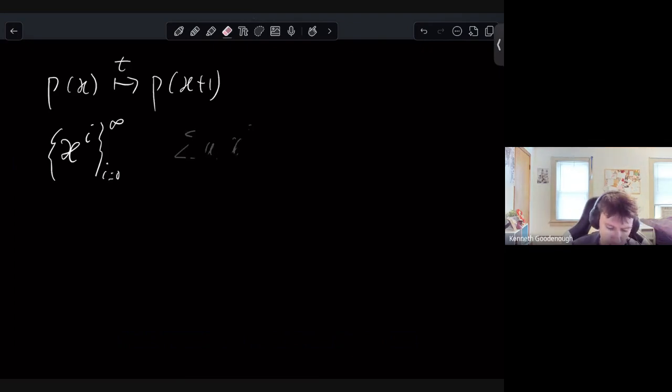But it would be nice if there's, for example, an element in this vector space that is invariant under the translation operator. And I guess one observation we can make here is the following.